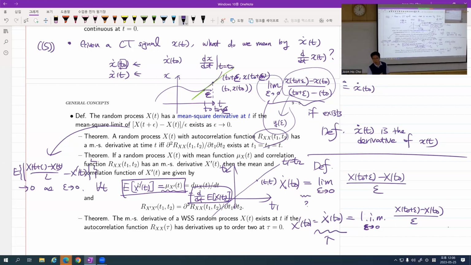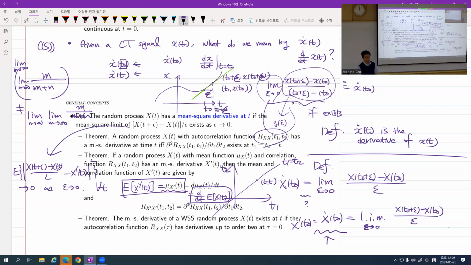In many engineering problems, we just assume that any order of limit operations results in the same result. That is not true, right? As I told you already, given this sequence of m and n, if you change the order, you have a different result, right?